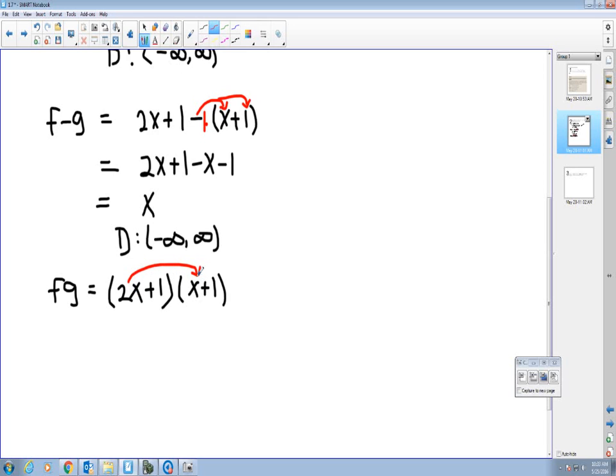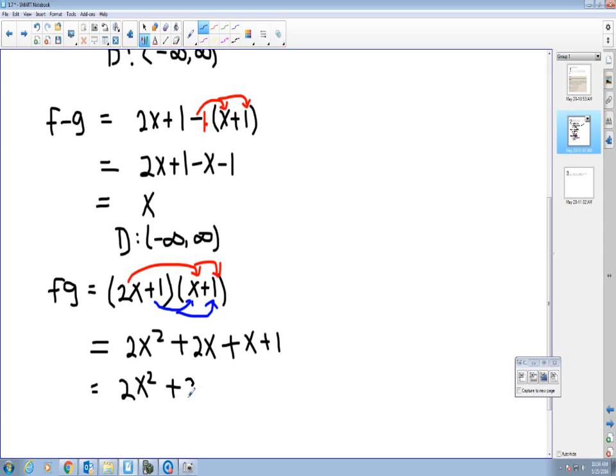2x times x, 2x times positive 1. That will give me 2x squared and a positive 2x. Inner and last, 1 times x, 1 times positive 1. That will give me positive x and a positive 1. Combine like terms, I should get 2x squared plus 3x plus 1.